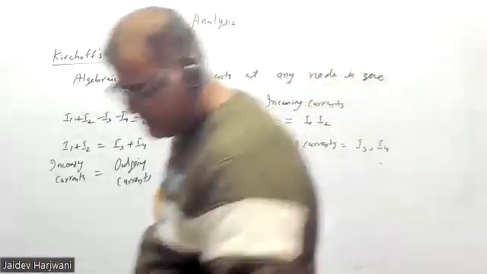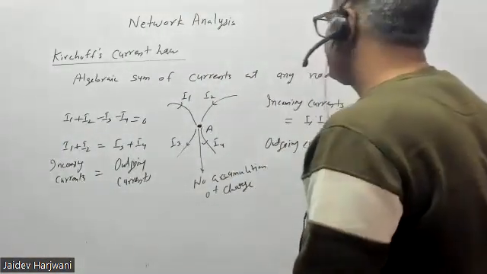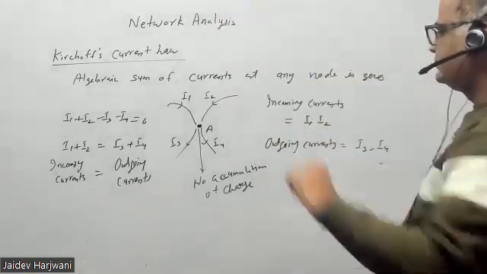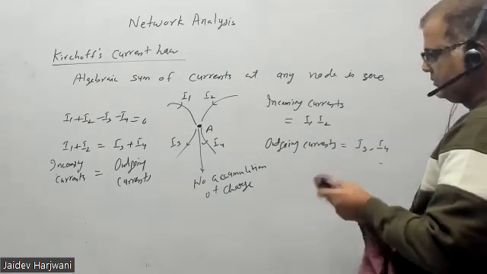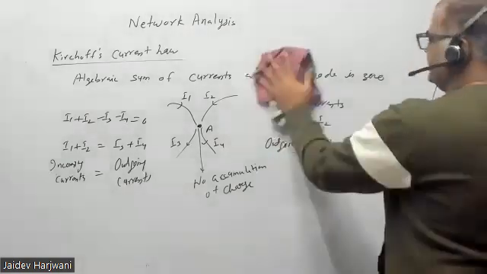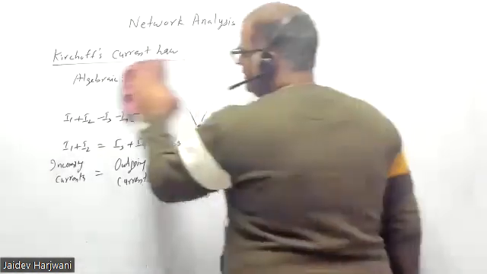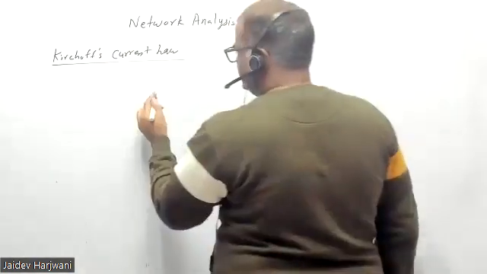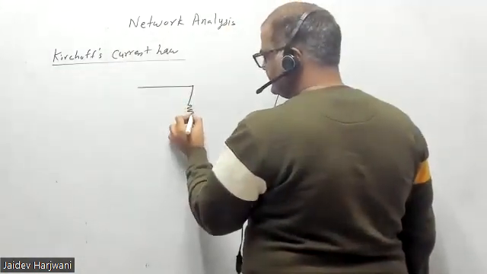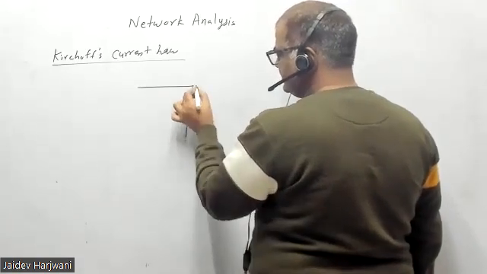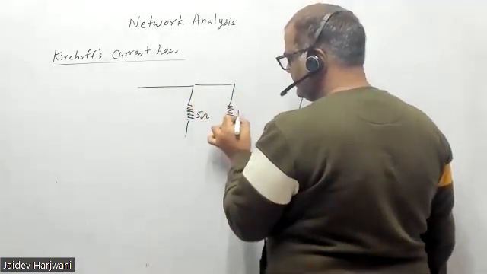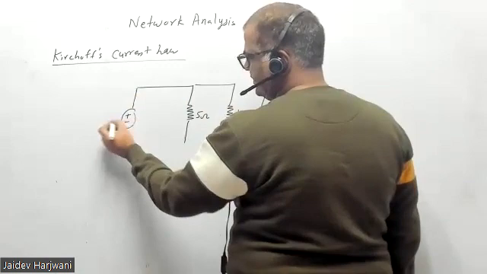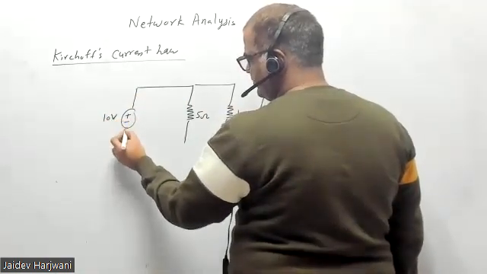Okay, let us understand this with an example. Shall I erase this one? Yes, sir. Suppose you have a 5 ohm resistance, and this is your 10 ohm resistance, and here I'm applying 10 volt.